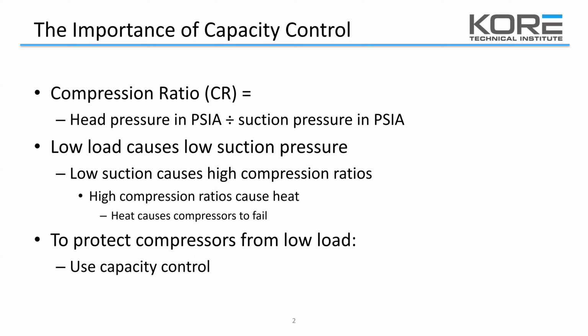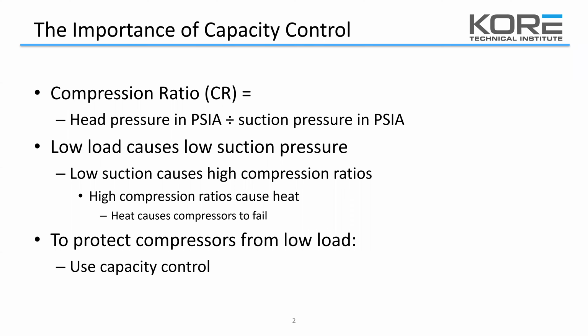It's not going to change near as much because the conditions outside don't change near as much as what they can on an evaporator load. And so therefore your discharge pressure tends to stay the same, where your suction pressure will drop much more drastically in relation to that, which dynamically changes your compression ratio.